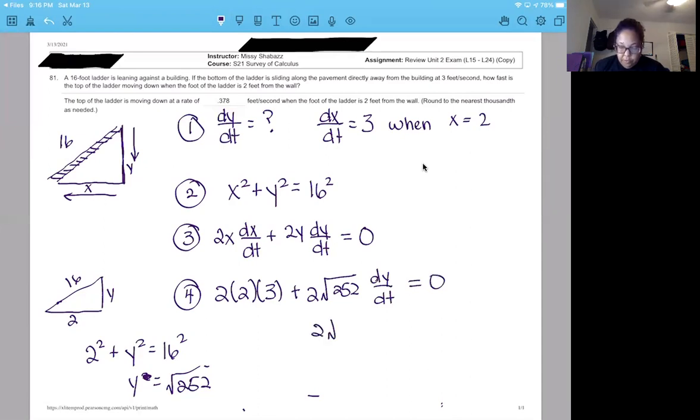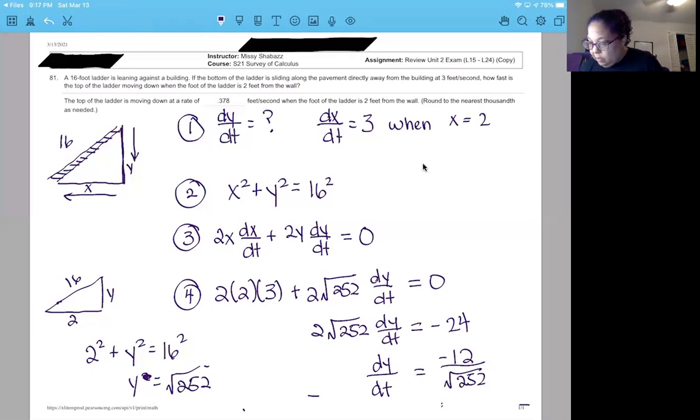So I have 2 square roots of 252 dy/dt equals negative 12, and dy/dt equals negative 12 over the square root of 252.